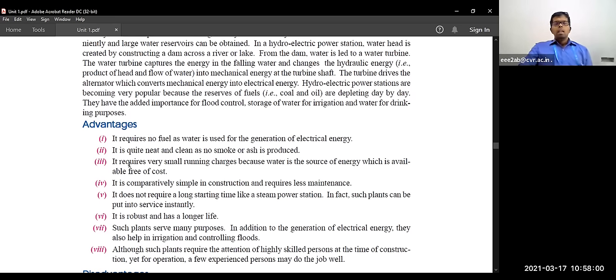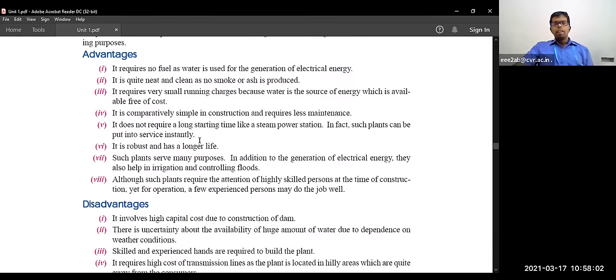Okay. Next, it does not require long starting time like a steam power station. As I said, starting a steam power station is not at all an easy task. If you want to start a steam power station at 9 o'clock in the morning, you have to start the process by 8 o'clock or 7:30 at least.